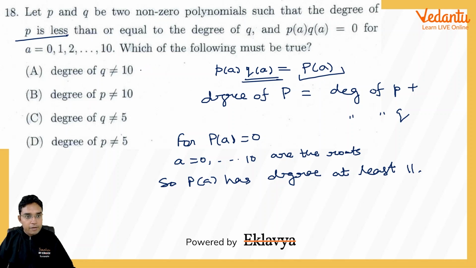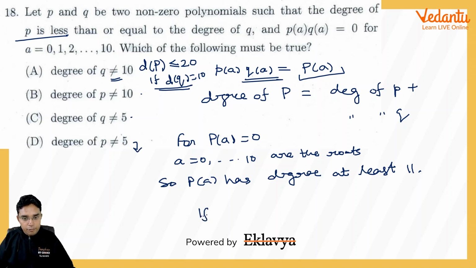I think if I write for a part, it will be less than or equal to 20 here, if degree of Q is 10. And I think there is no problem in that, because if degree of P is 20 or even 11, then also this can be true. Same way for P also, this also we can check, but I think there is a problem in this.